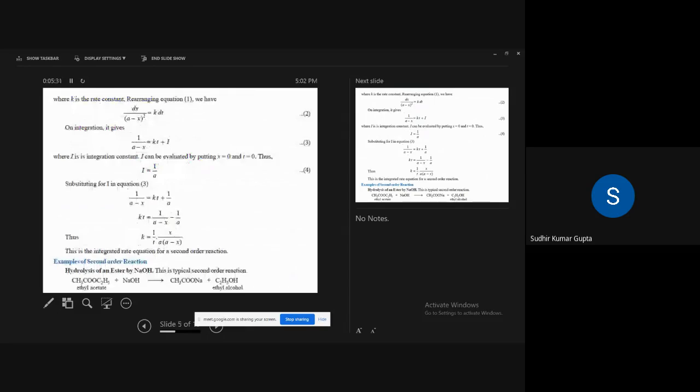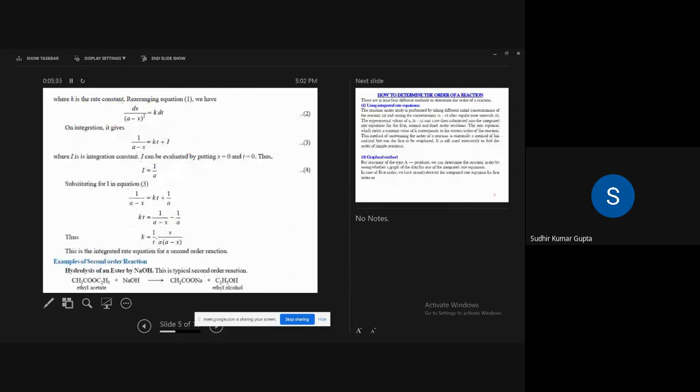So we get dx by (a minus x) square equal to k dt. We will integrate by taking the terms of x on one side and the terms of t on the other side. On integration, we get 1 upon (a minus x) equal to kt plus I, where I is the constant of integration. By putting x equal to 0 and t equal to 0, we get the constant of integration as 1 by a.